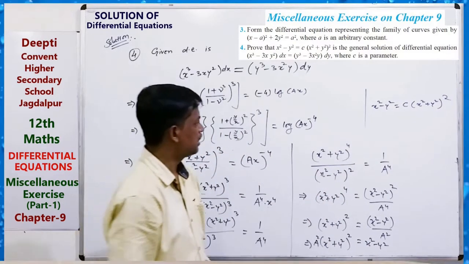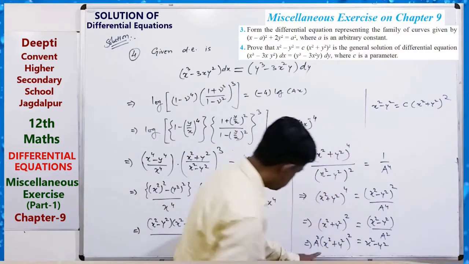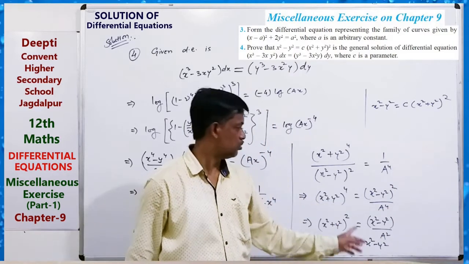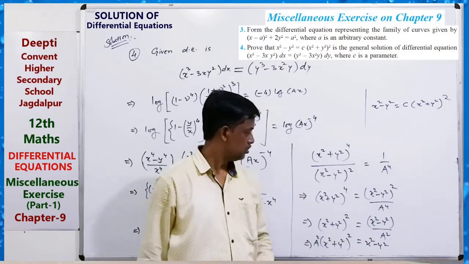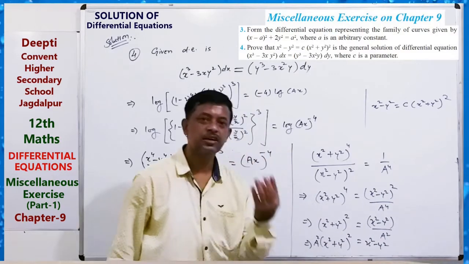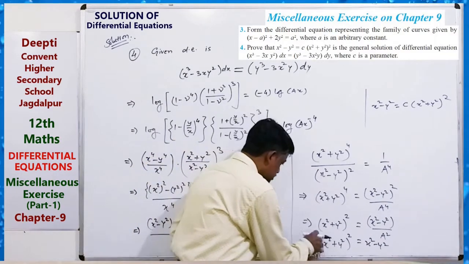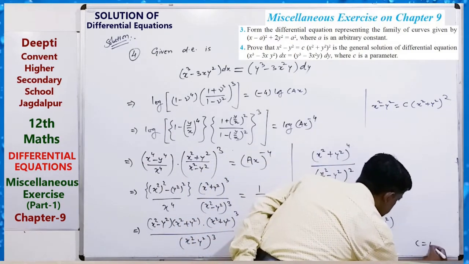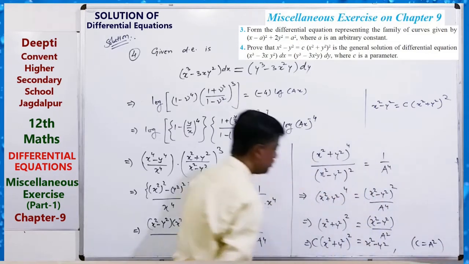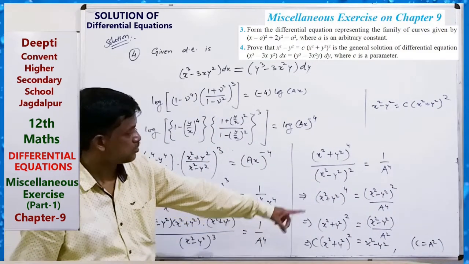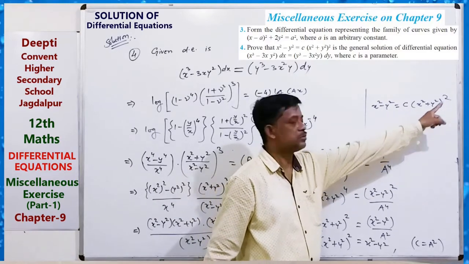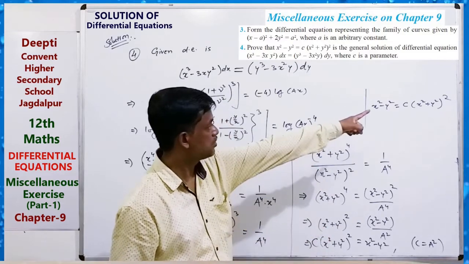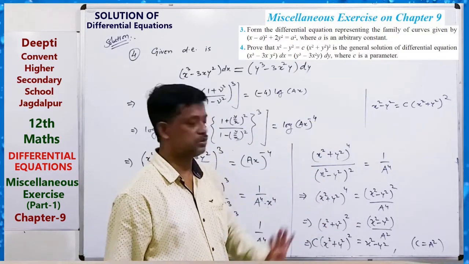Now a square can be taken as a constant c, so we can also write c equals a square. Okay, so x square minus y square equals c x square plus y square squared. So this is the solution.